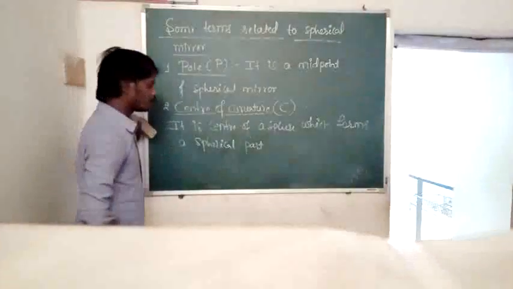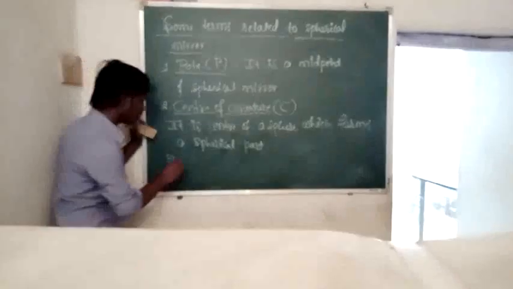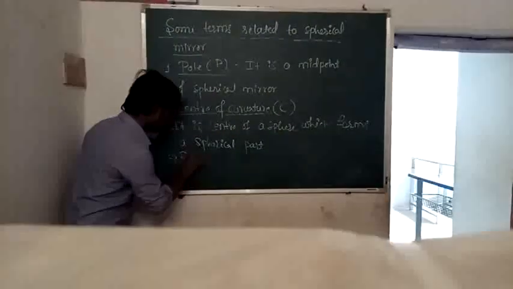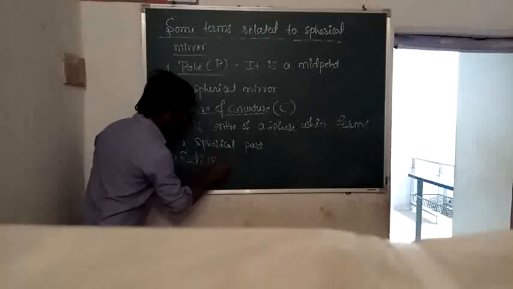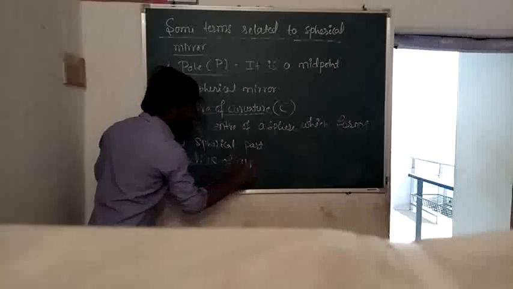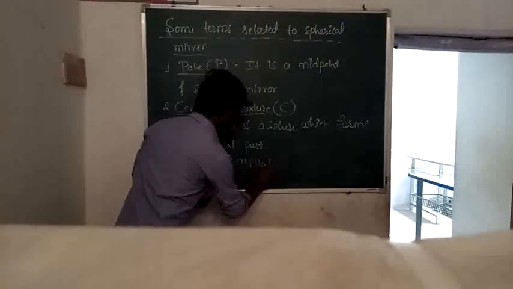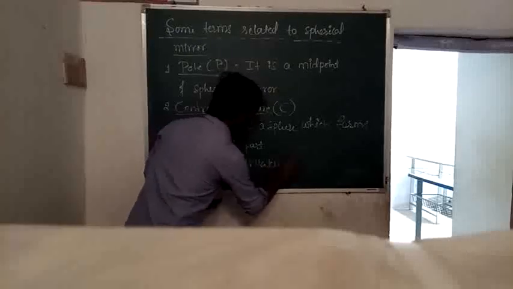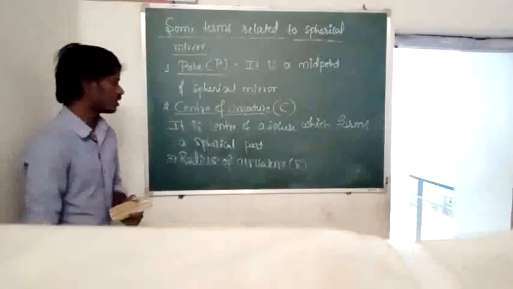Number three, the radius of curvature. The radius of curvature is denoted by capital R. How do we define it?